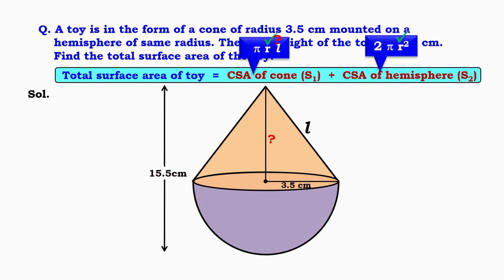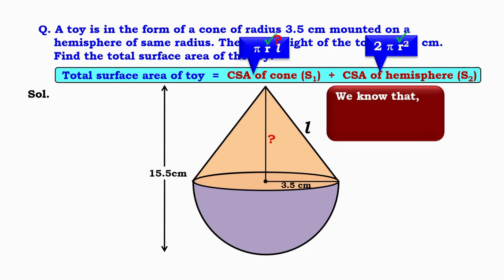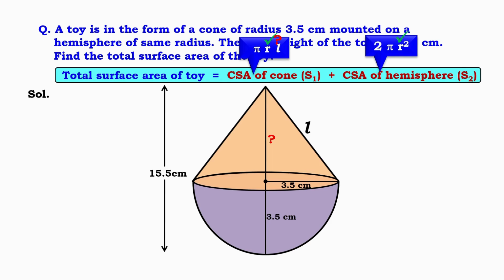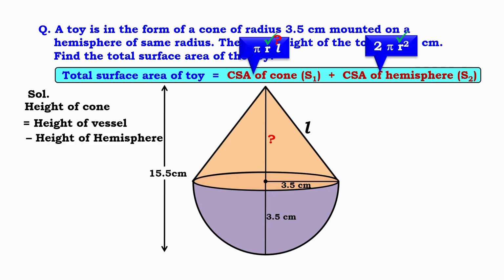The total height is given, and we know that for a hemisphere the height is the same as the radius. If we subtract that from the total height, we will get the height of the cone. So the height of the cone is equal to the height of the toy minus the height of the hemisphere. The total height is 15.5 centimeter and the height of the hemisphere is 3.5 centimeter. If we subtract, we will get 12 centimeter. That is the height of the cone.